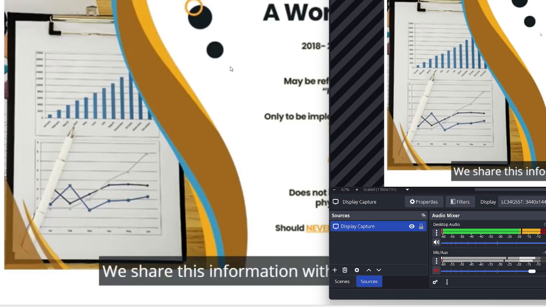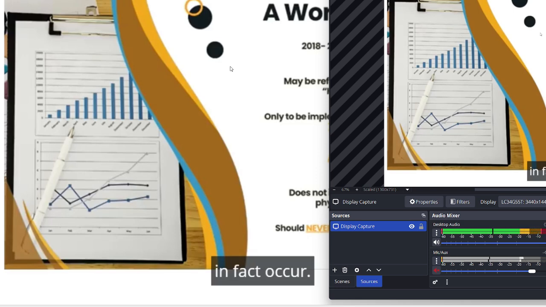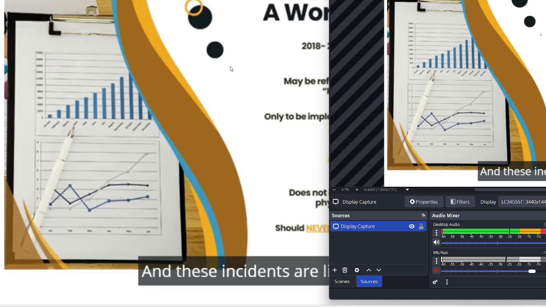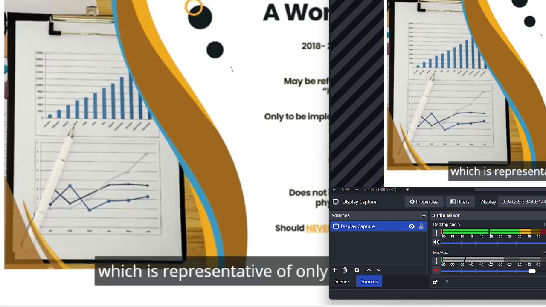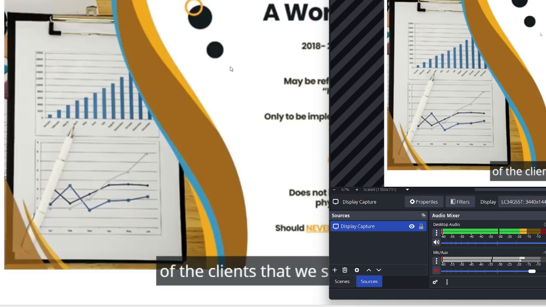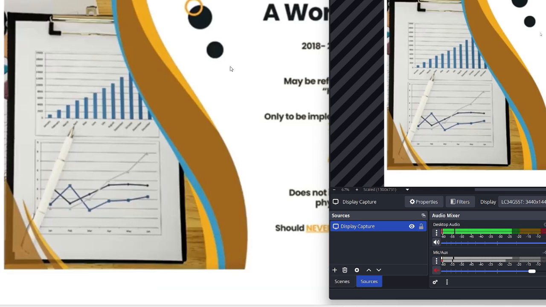We share this information with you so that you can see that the need for restraint does, in fact, occur. And these incidents are likely an underreporting as they only reflect individuals served that live outside of their family home, which is representative of only around 20% of the clients that we serve.